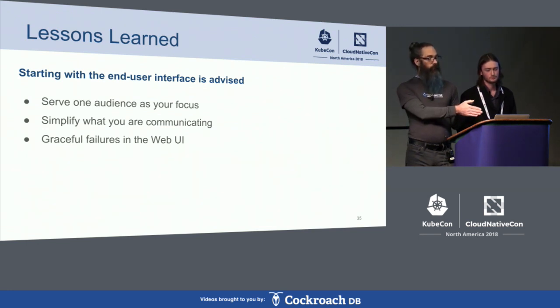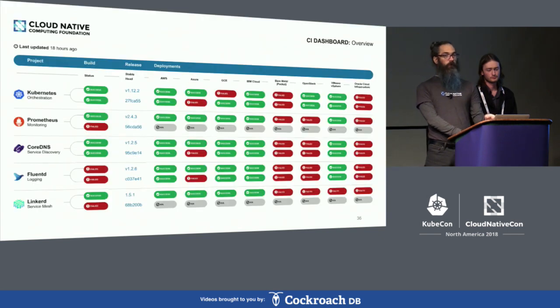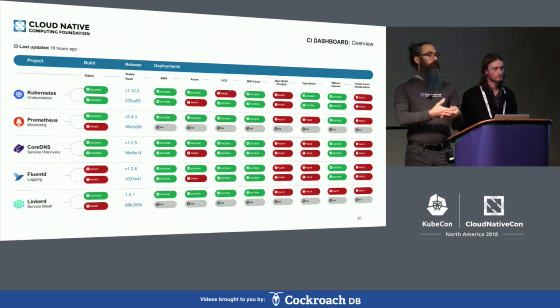This comes on to that next point, graceful failures in the web UI. When you have someone that maybe cares about the cloud providers, then you have a focus on how you are going to look into the errors and the results there.